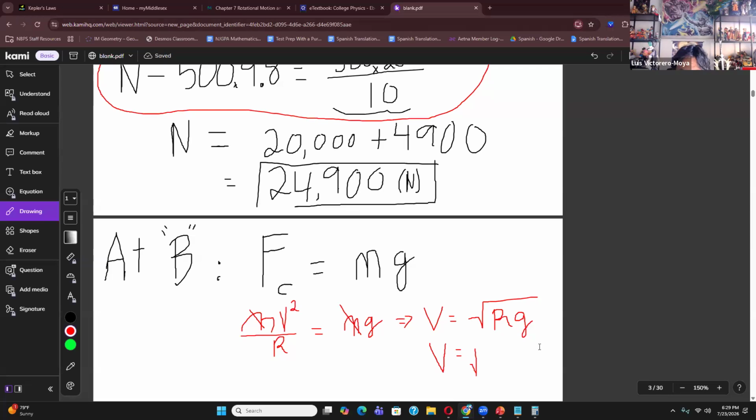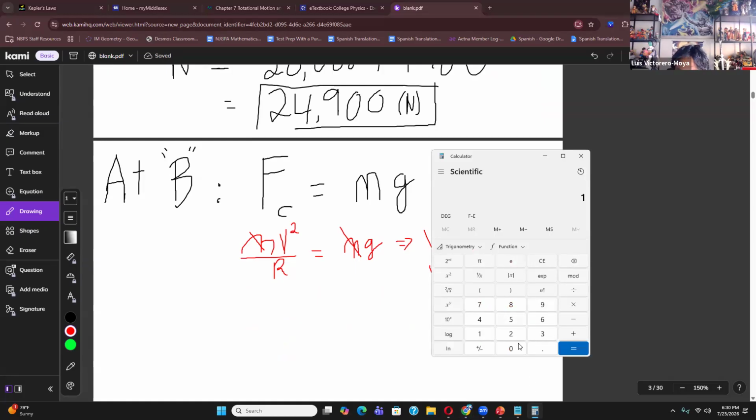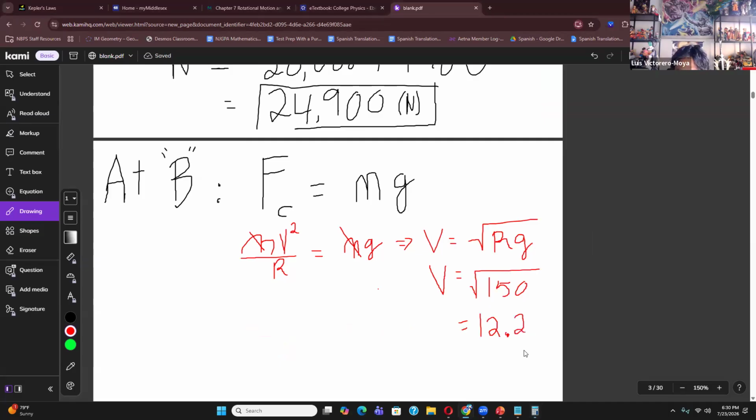So it's the square root of approximately 150, which is 12 point what? Yeah, 12.2 meters per second.